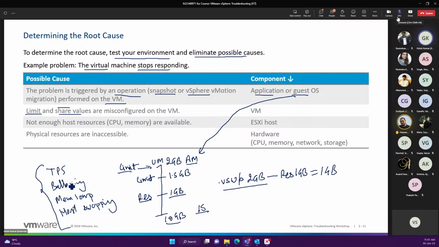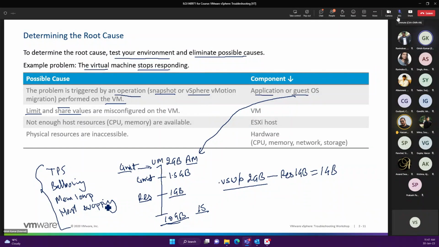At that time, it's going to use all these memory reclamation techniques to satisfy 15 GB out of 10 GB. First, distribute it among all the virtual machines. You have 10 GB, suppose you have already distributed it, so the remaining 5 GB is going to use these memory reclamation types: TPS, ballooning, memory compression, host swapping.